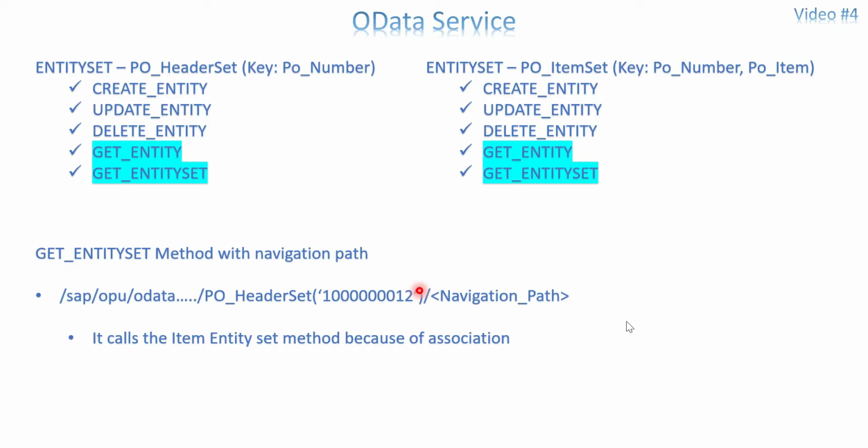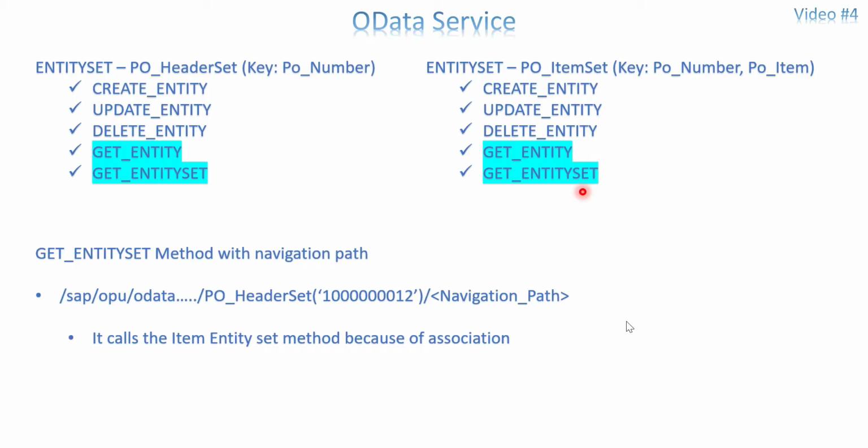So if I use that particular name after my URI, then it should call the item entity set method. Here the entity is P1 underscore header set, but I have created an association and enabled the navigation path between these two entity sets. So if you use the navigation path, automatically it will go to the item get entity set method, execute whatever is over there, and come back and give the response to the UI application.